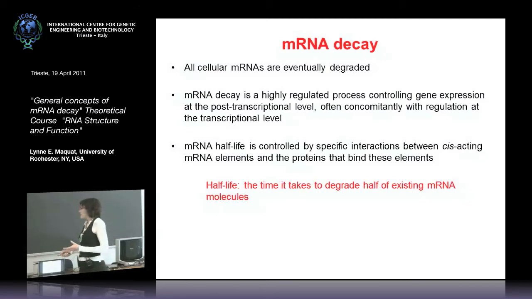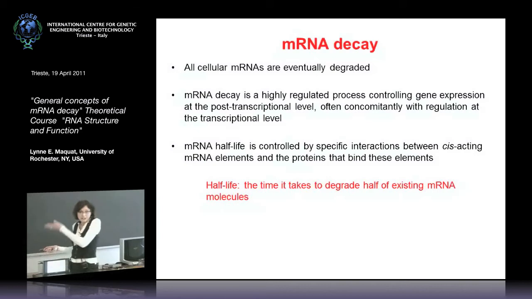Half-life experimentally needs to be measured after the experimentalist has blocked ongoing transcription, ideally specifically of the gene that encodes that mRNA. And then it's the amount of time that it takes to degrade half of the molecules from that point on.